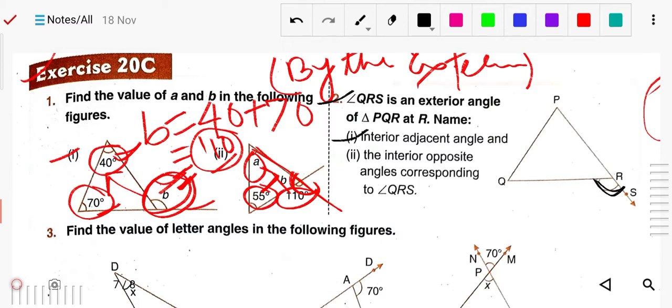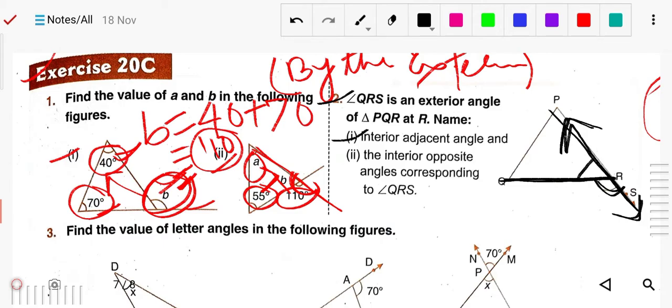Interior adjacent means just next to it, and they have a common arm. For being adjacent, one arm should be common and the other arm of the angles should be opposite.